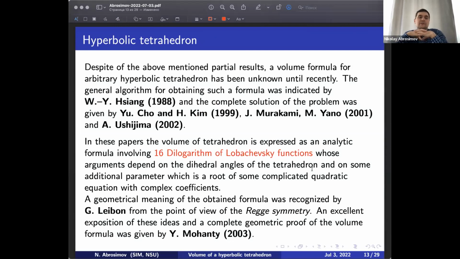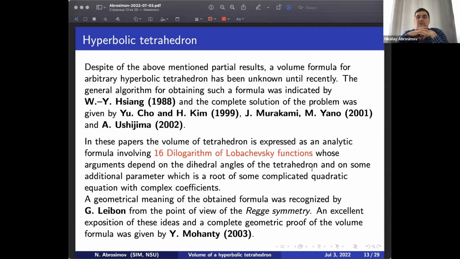Despite the above mentioned very important but still partial results, a volume formula for an arbitrary hyperbolic tetrahedron was unknown until recently. The general algorithm for obtaining such a formula was indicated by Xiang in 1988, and the complete solution of the problem was given by Cho and Kim in 1999.